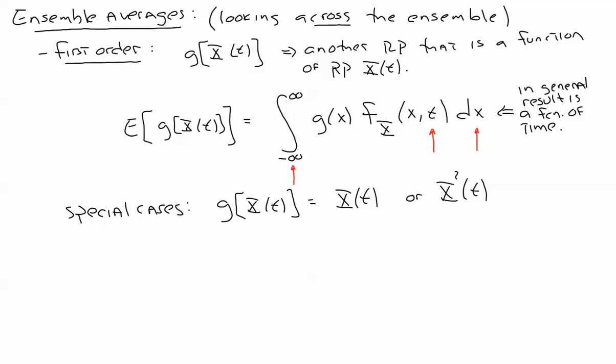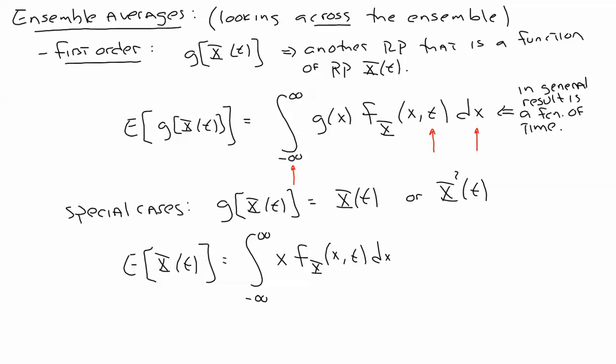So the expected value of x of t is going to be the integral from minus infinity to infinity of x times this.